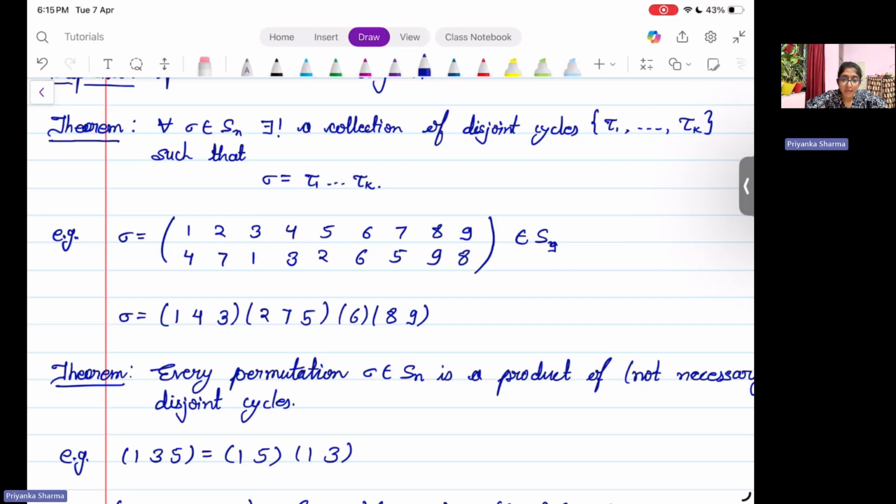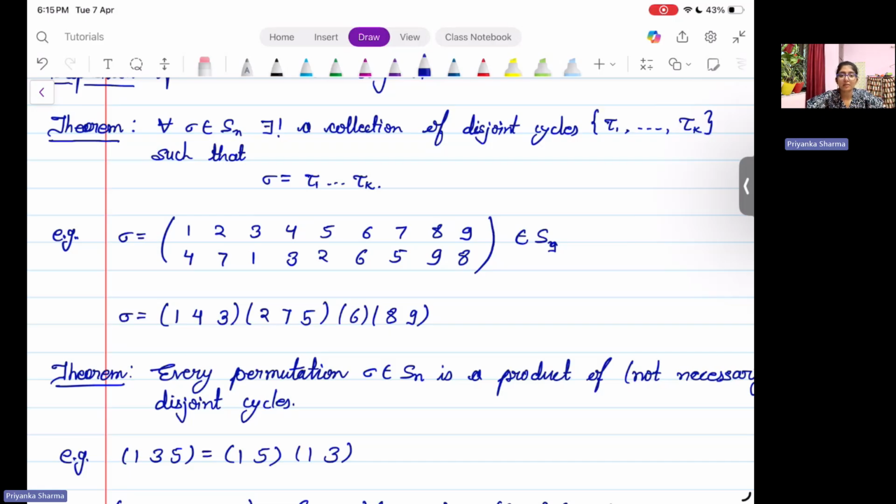And 8 is mapped onto 9, and 9 is mapped onto 8. So the last cycle will be (8 9), because here we have included all the 9 elements of I9. So in the cycle decomposition of sigma, we have 4 cycles. Two are of length 3, one is of length 1, and one is of length 2.